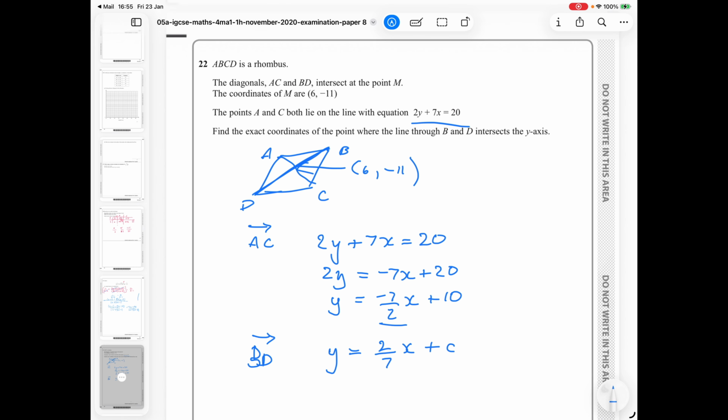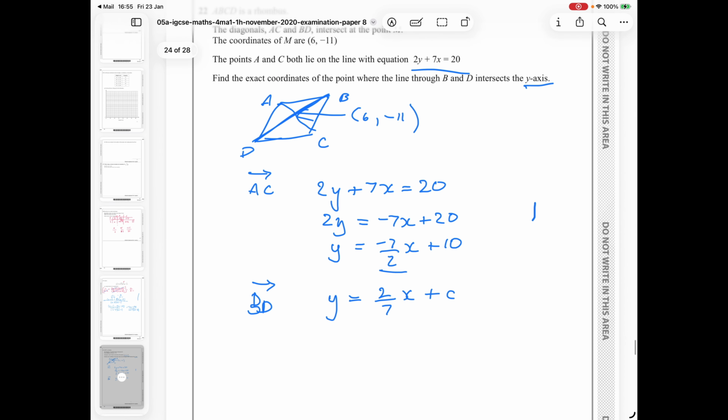And we don't know what it goes through yet, but we are going to find that out. The only way we can do that is by putting in the one coordinate we have, which is 6, minus 11. So we say minus 11 equals 2/7 times 6 plus c, and that means minus 11 equals 12 over 7 plus c.